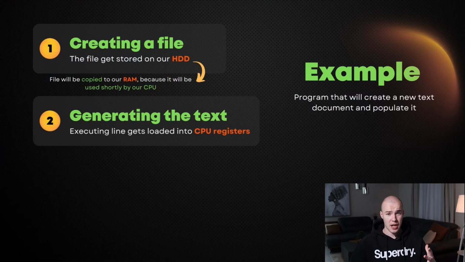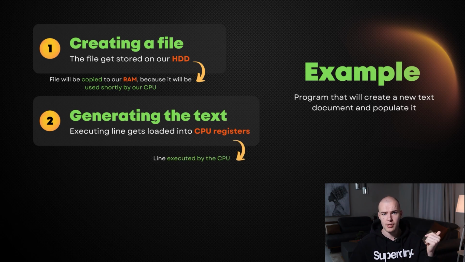And for that to happen, we need to go through each line of our code and then basically upload each of those statements into our cache memory. And after that, one instruction at a time is going to be uploaded from cache memory to our registers and then executed by our CPU from registers.